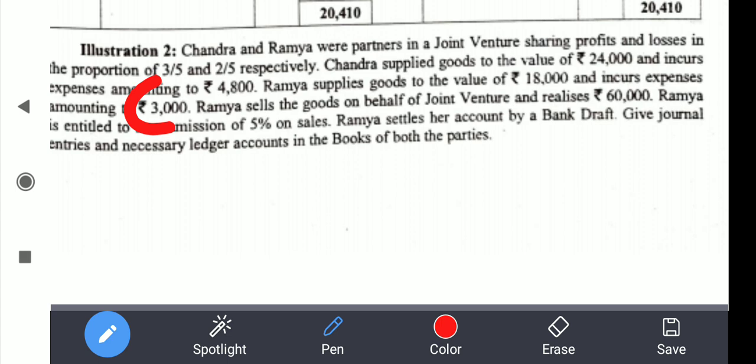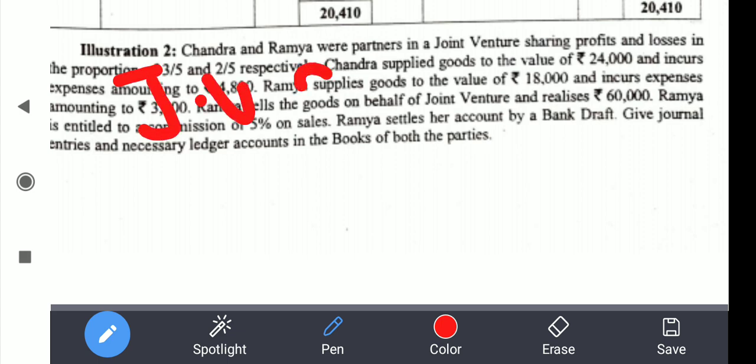So what is the first general entry? Here Chandra and Ramya both are partners. In the books of Chandra, the first thing is that Chandra supplied the goods. Tell me, what is the general entry for supplying the goods by a co-venture?